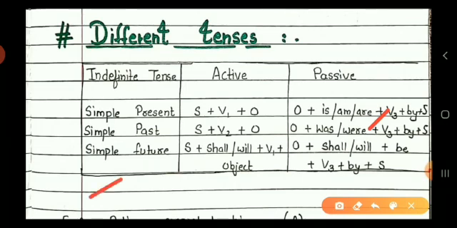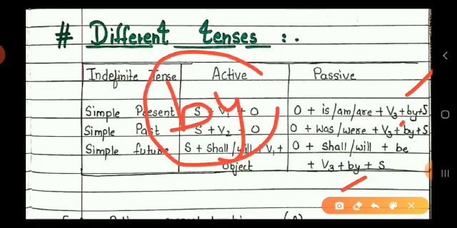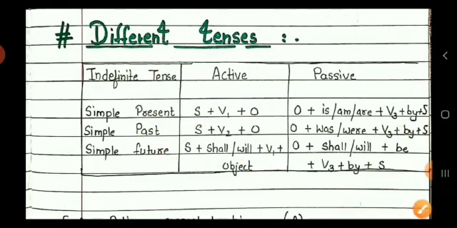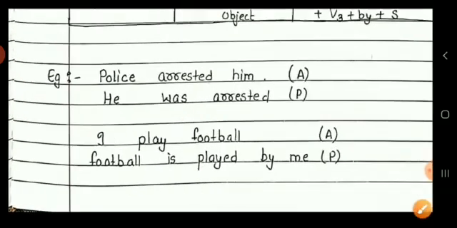If we are having singular, we will use was, otherwise were. In simple future, you can easily recognize it, will or shall is there, but we have to use "be" in the passive form. And of course, we will use "by" before the object. So this is the basic difference between all three.